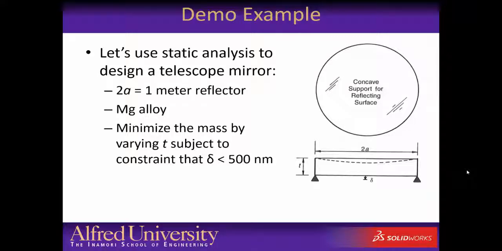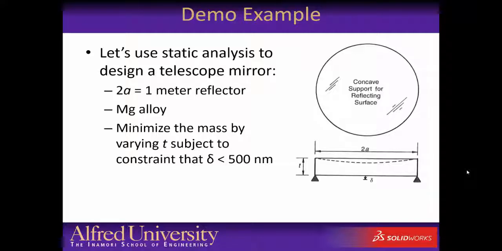We'll assume for the ease of this analysis that the wavelength of light is approximately 500 nanometers. The goal of this optimization is to ensure that we are creating a telescope mirror in the most economical fashion.